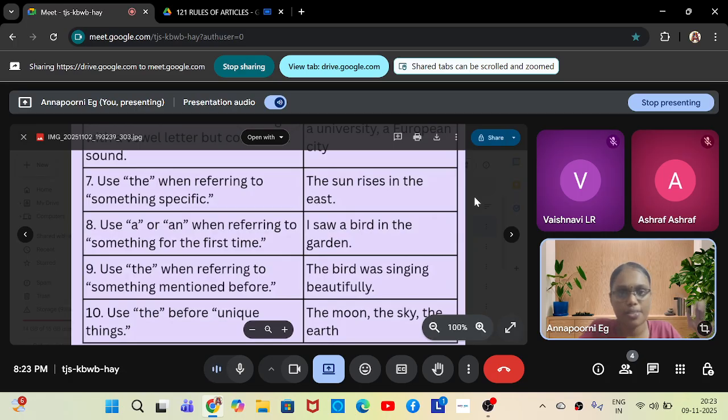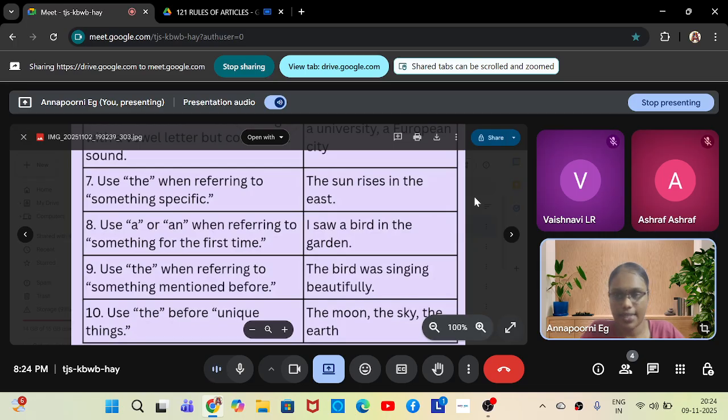So sun is specific. That's why I'm using the word the. Again, the east. East is only a specific direction. There is only one east, only one west, only one north, and only one south. Am I correct? So you are using the definite article: the sun rises in the east.